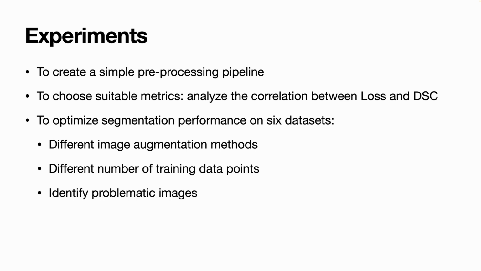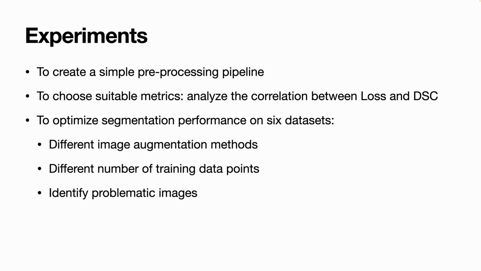And then the first type of experiment is to create a simple pre-processing pipeline for the input images. Secondly, it is to find out the correlation between the loss and the Dice score. This is to see if it is possible to evaluate the performance based on only loss or Dice, or whether we should use a combination of both.